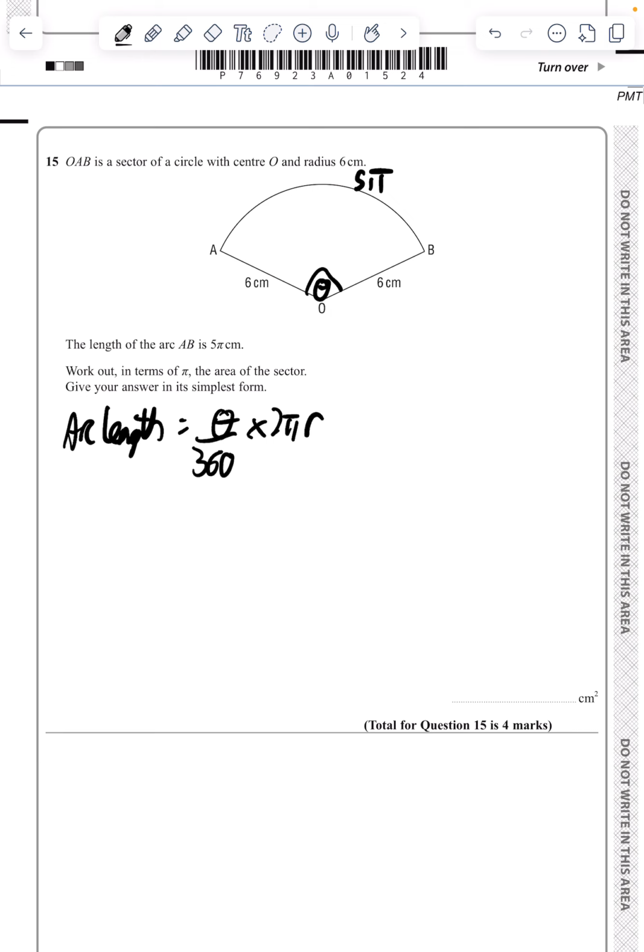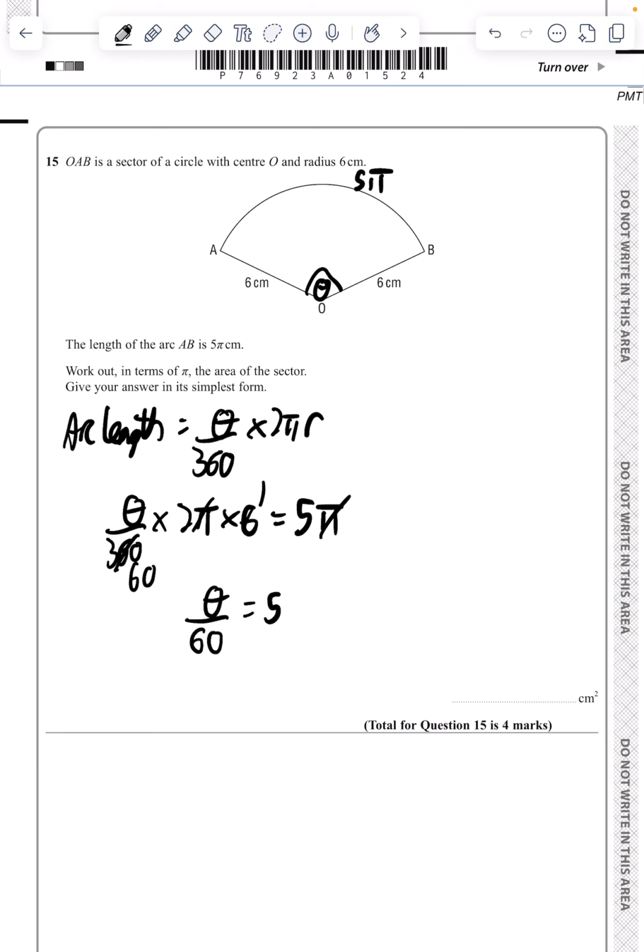So theta over 360 times 2 pi times r, which is 6, equals the arc length, which is 5 pi, cancel pi's, cancel this, that, theta over 60, 2 theta over 60 equals 5, 2 theta equals 300.